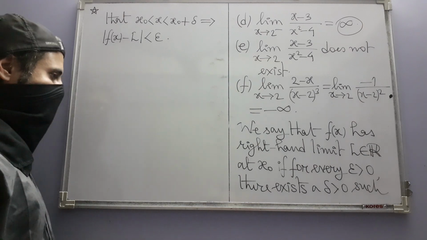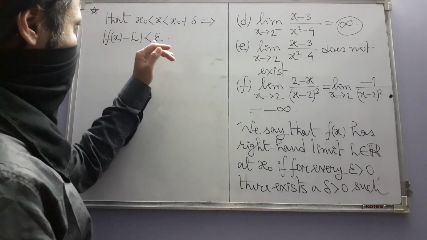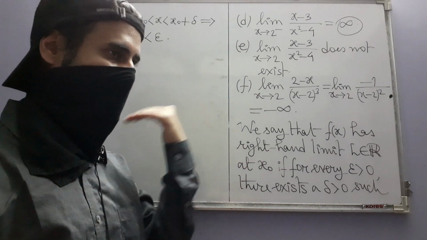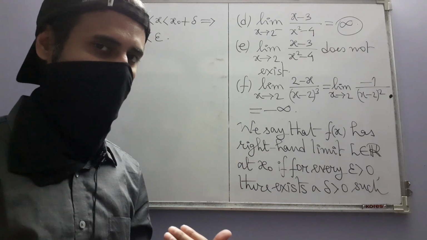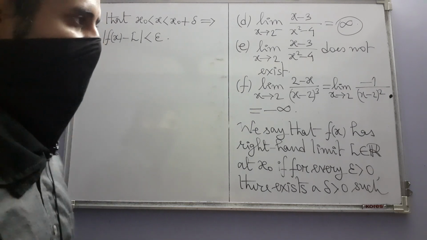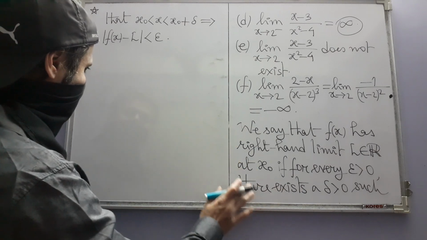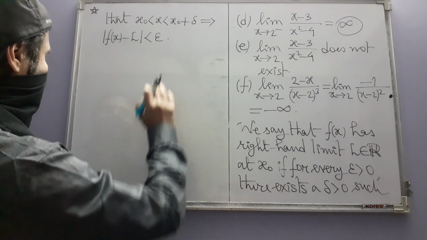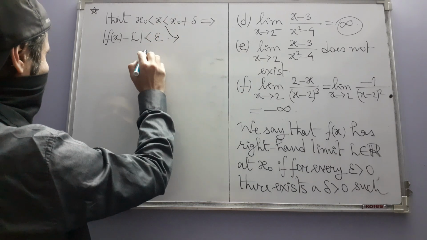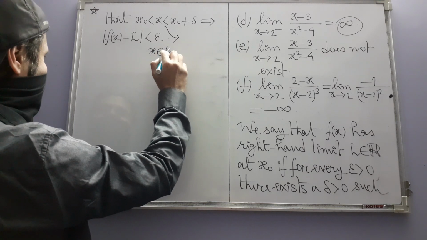And similarly, there is one for the left hand limit, in which case you have to consider, in place of these inequalities, x naught minus delta less than x less than x naught implies this. Okay, you understand that. So that is the formal definition of one-sided limits, and you can understand that these inequalities are equivalent to this condition.